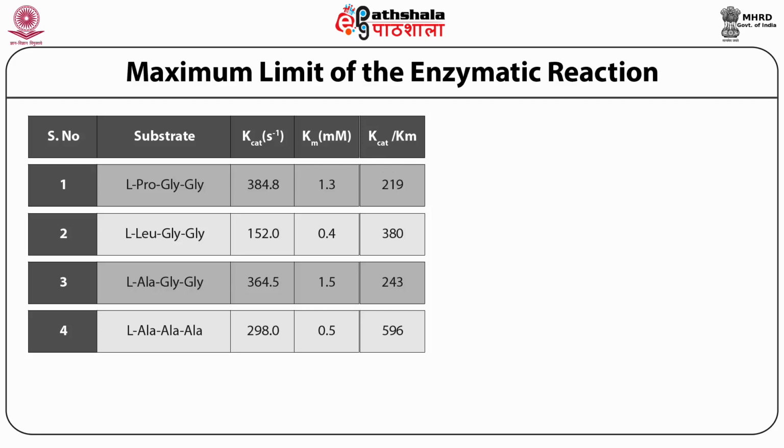If an enzyme has the lowest Km, then it is going to have the highest affinity for the substrate. So based on this experimental data, by looking at the Km only, we can say that it is L-leucine, glycine, which is going to have the highest binding affinity for a particular enzyme.